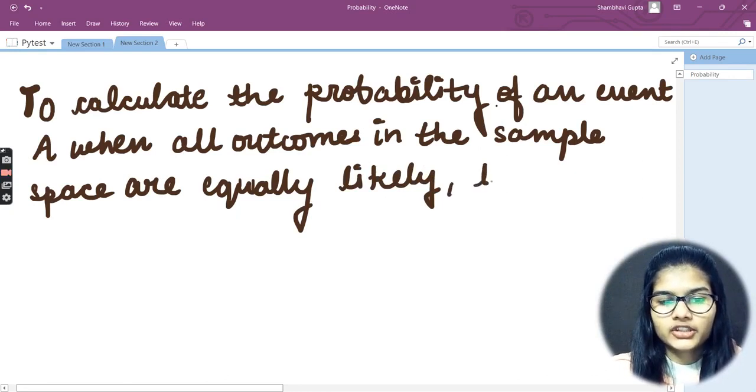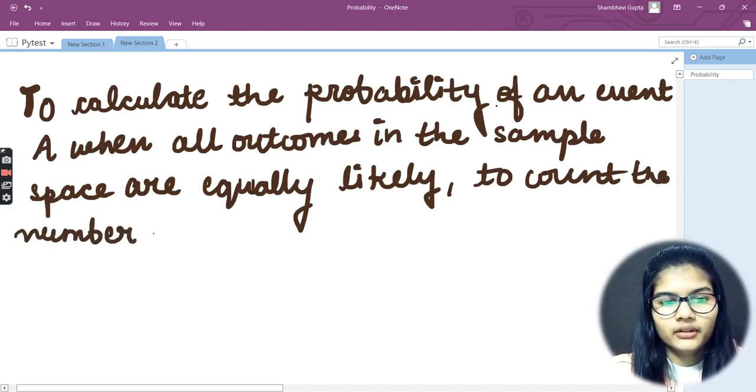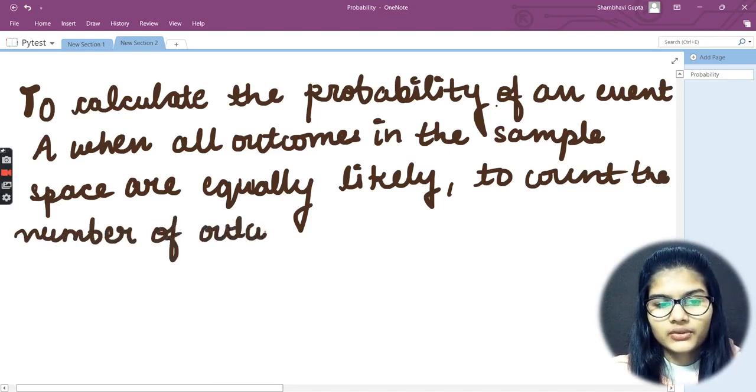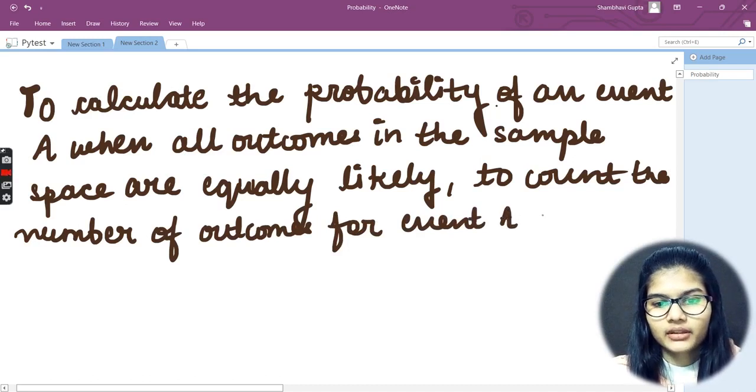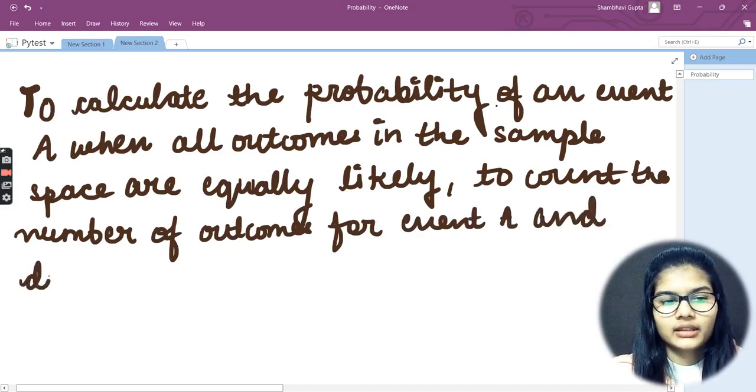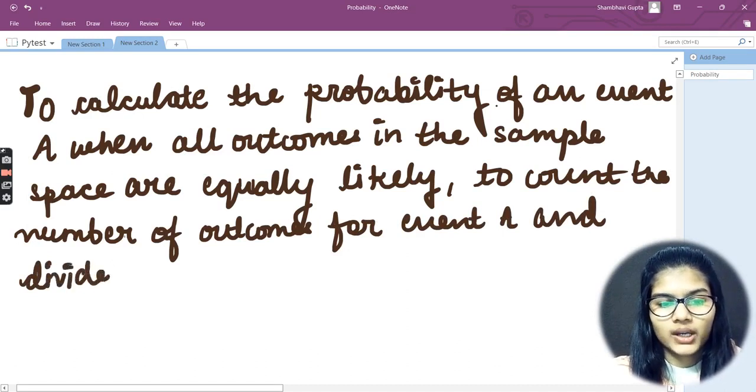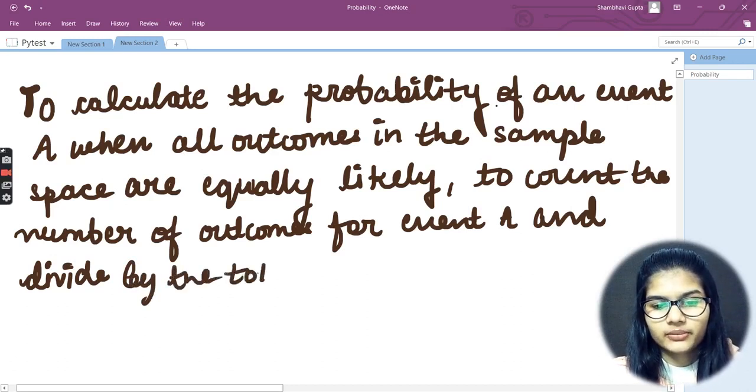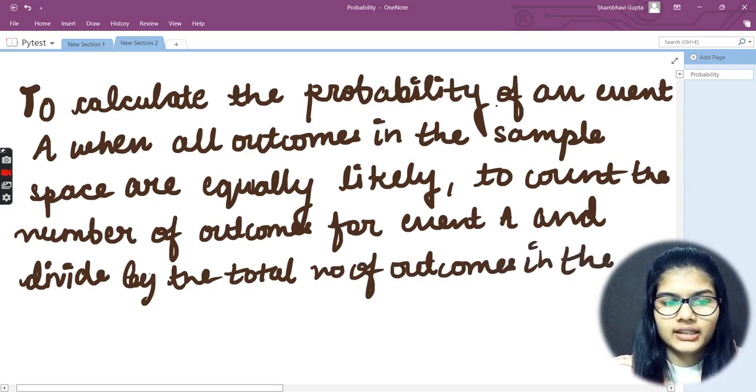count the number of outcomes for event A and divide by the total number of outcomes in the sample space.